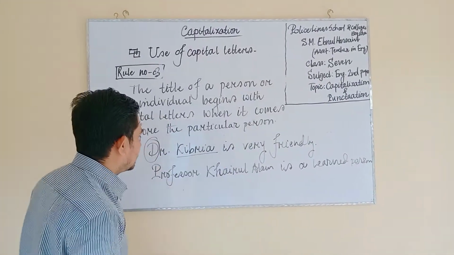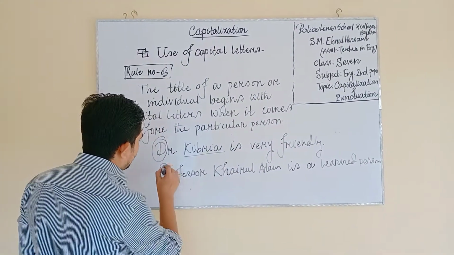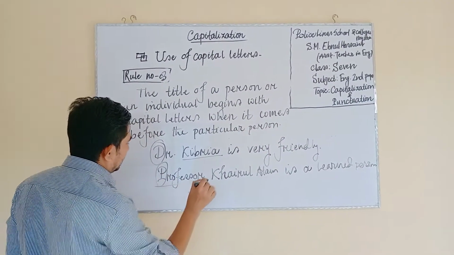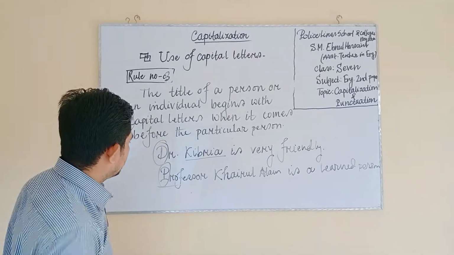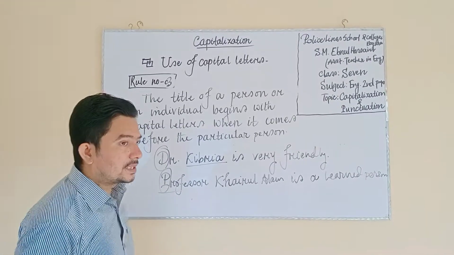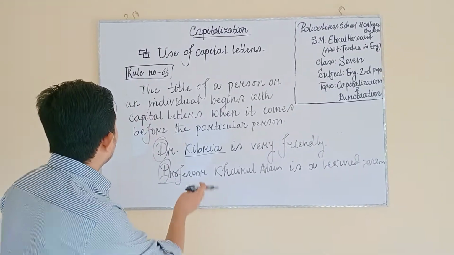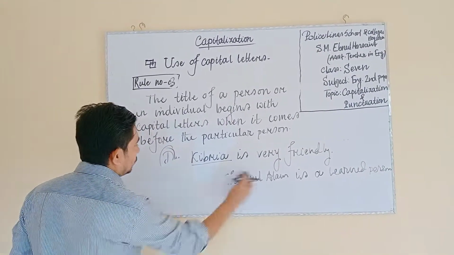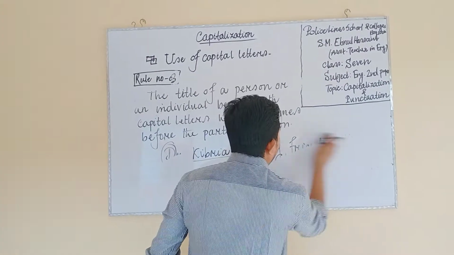So here the title, the professor, and this very title begins with the capital letter P. This is the rule number 3. Now switch to the another rule number 4.